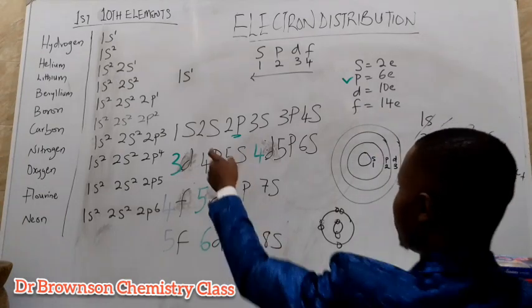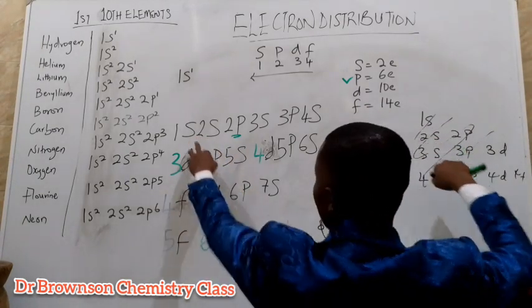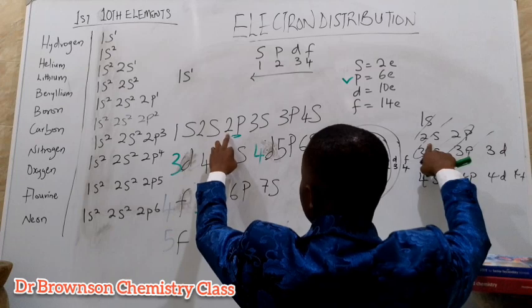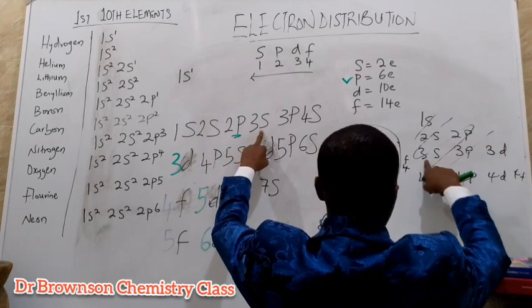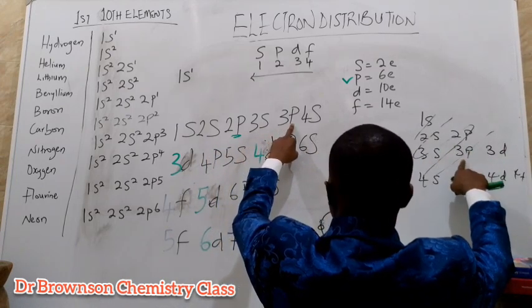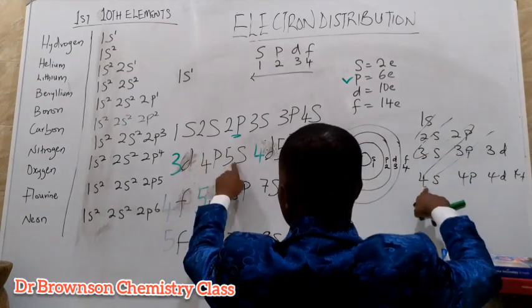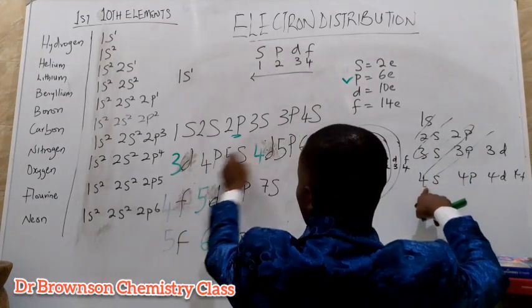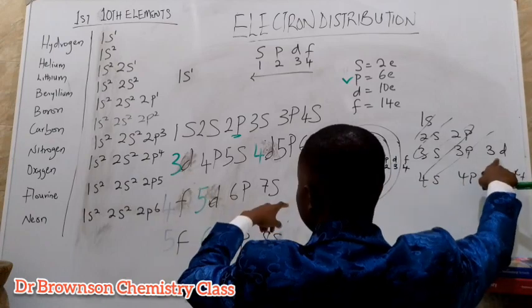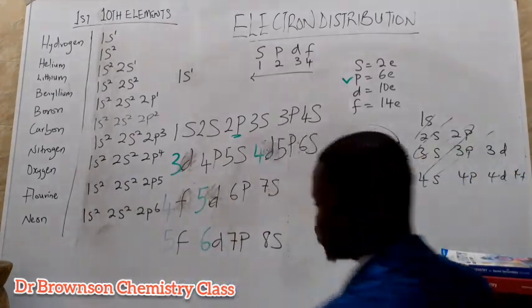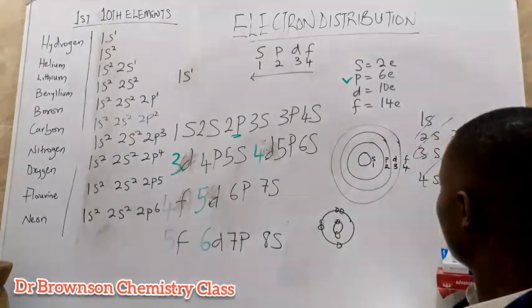You can see over here we have your 1s, 2s. The next one is 2p, 3s, right? 3p. The next one is 4s, before 3d.